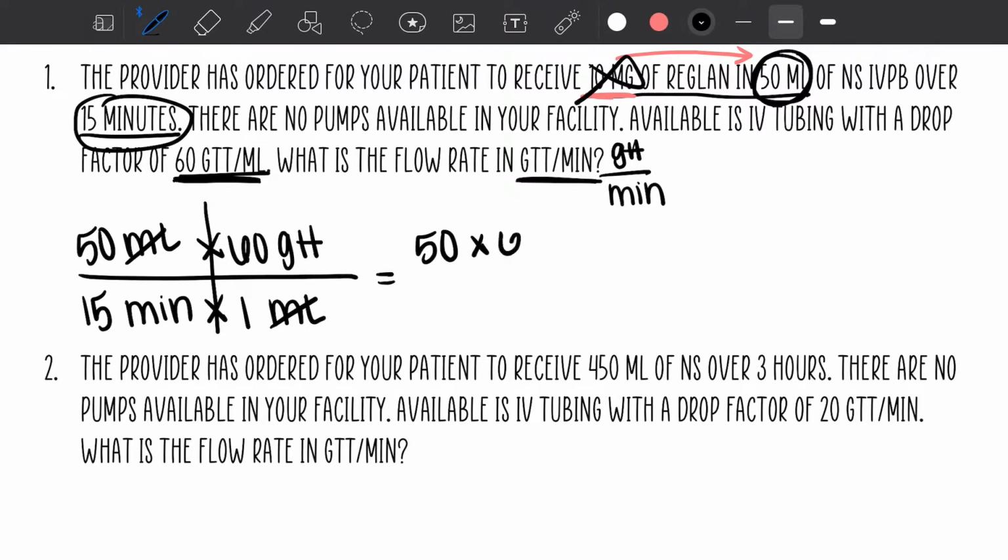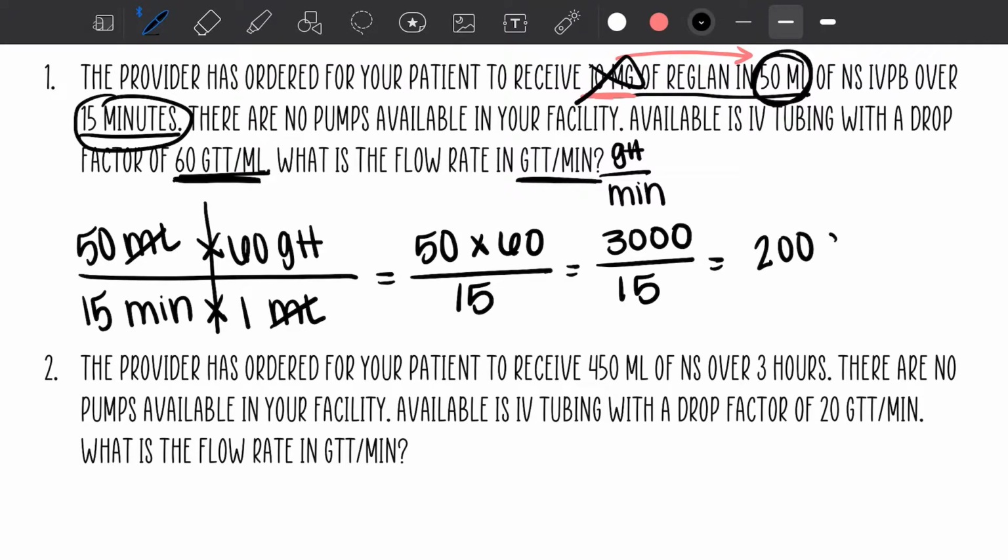So 50 times 60 divided by 15 is going to give us 3,000 divided by 15. Which is going to give us a total of 200 drops per minute.